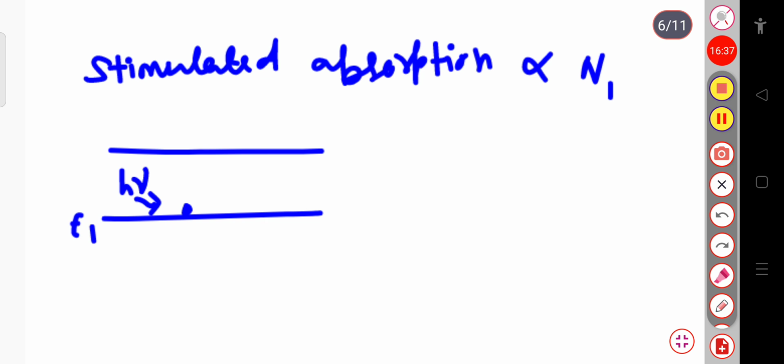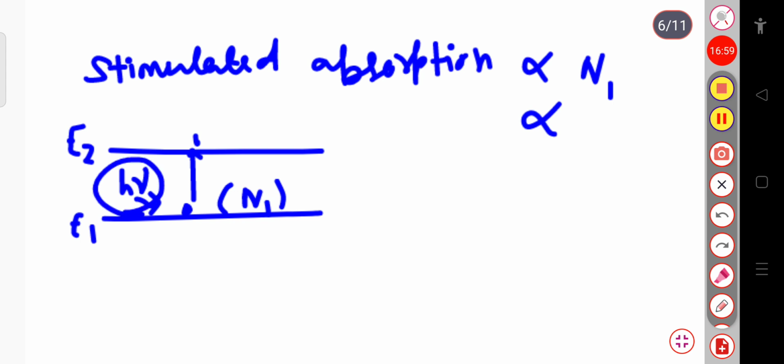Suppose here N1 atoms are present and this one is your E2 state. After gaining this energy h nu, it goes to the higher state. So the stimulated absorption is directly proportional to the number of particles available in the ground state, as well as directly proportional to the density of the photon, that is U of nu.